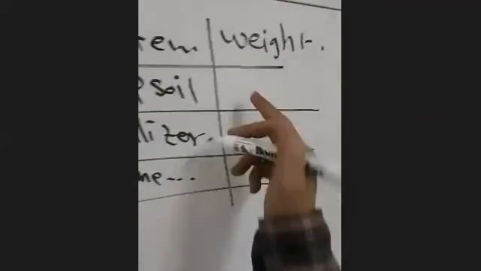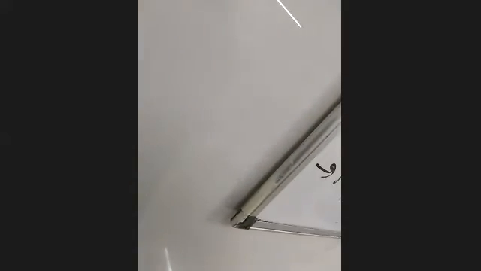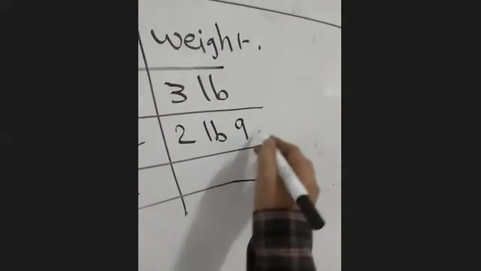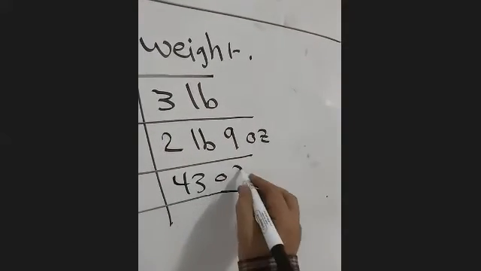The first one is 3 pounds. The second one is 2 pounds and 9 ounces. The third one is 43 ounces.